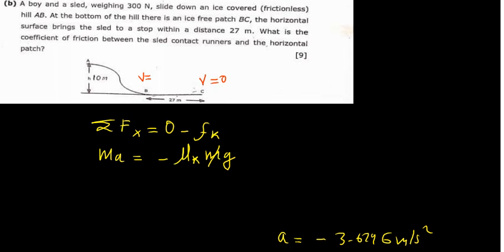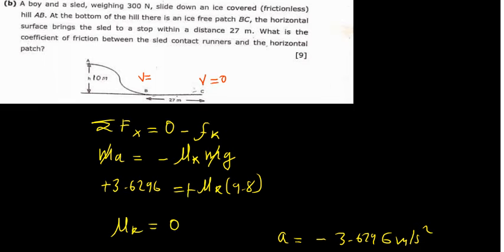The masses again get to cancel out. The acceleration is negative 3.6296. That will be equal to negative mu k multiplied by g, which is 9.8. The negatives are going to cancel out. Therefore mu k is going to be 3.6296 divided by 9.8. Is going to be 0.370.